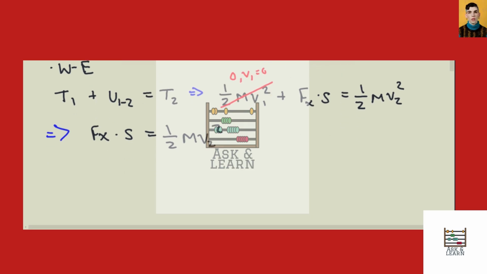So looking at this equation, which we'll call equation 1, we know the mass of the crate, we know its velocity, which is 8 meters per second. What we're looking for is s, the distance, but what we don't know is the combined force in the x direction.